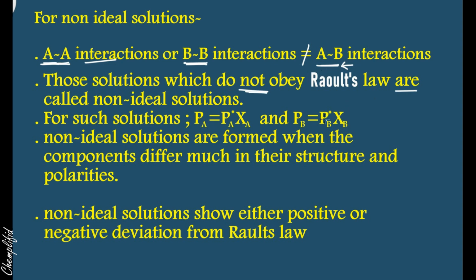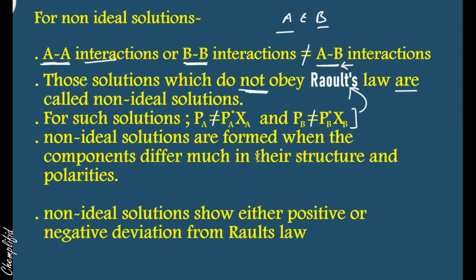For such solutions, partial pressure of component A, we are talking about a solution of two liquids only, A and B. Our solution consists of component A and component B. Now, for such solution, partial pressure of A is not equal to vapor pressure in pure component multiplied by mole fraction of A, and partial pressure of B is also not equal to pure component vapor pressure multiplied by mole fraction. This is our Raoult's law. Yes, this was the statement for Raoult's law and this was the formula given for Raoult's law.